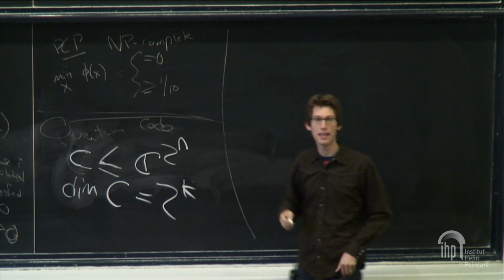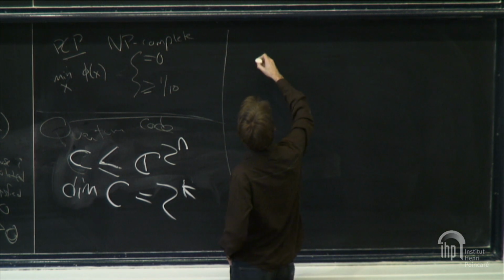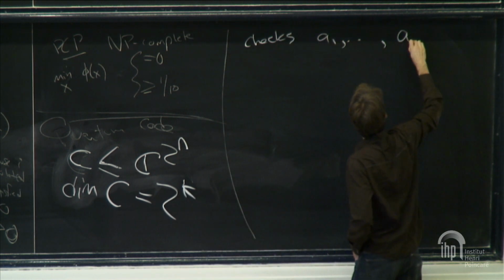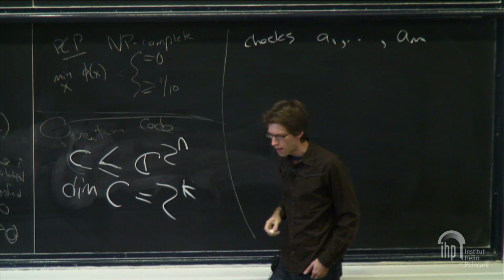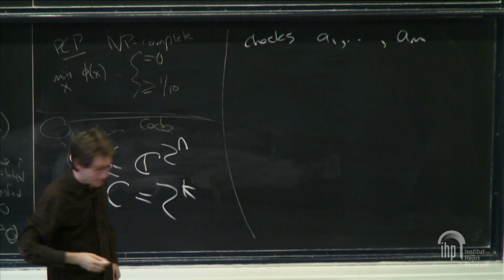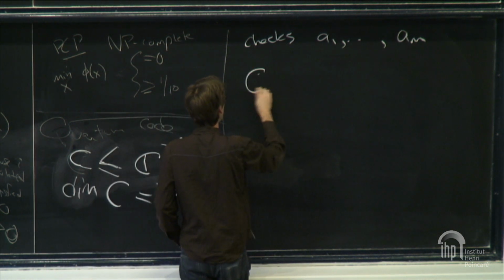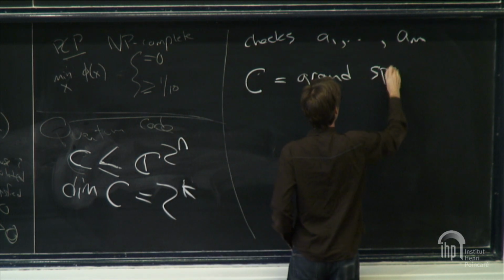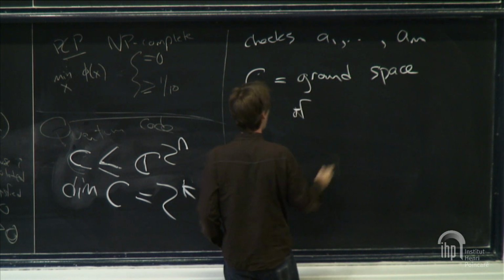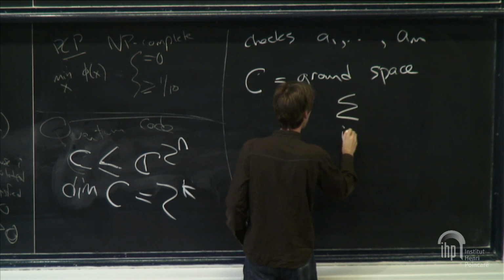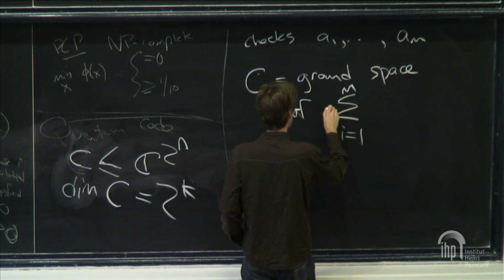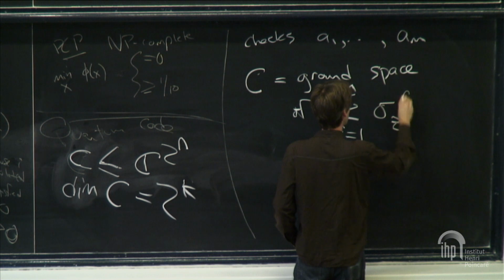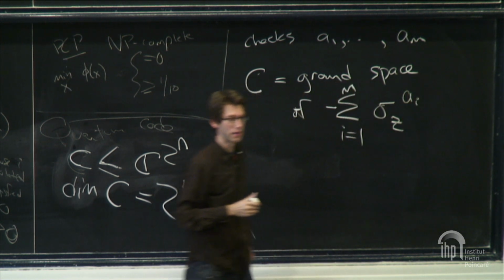Well, just in the linear case, let's say I have checks A1 through AM. I can define my code space to be the ground space of the sum from i equals 1 to m, with a minus sign out front, of sigma z to the a sub i.